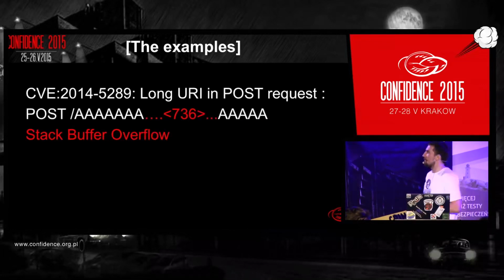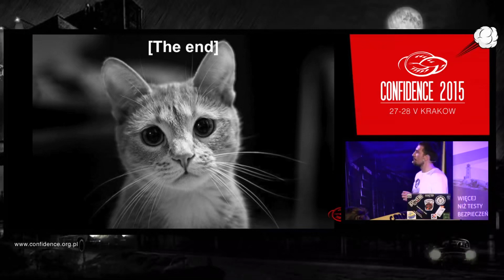And also a CVE in the Calibre web server, which is caused by an extremely long URI in a POST request. For example, it must be somewhere in the length of 736 bytes. That's all for today.